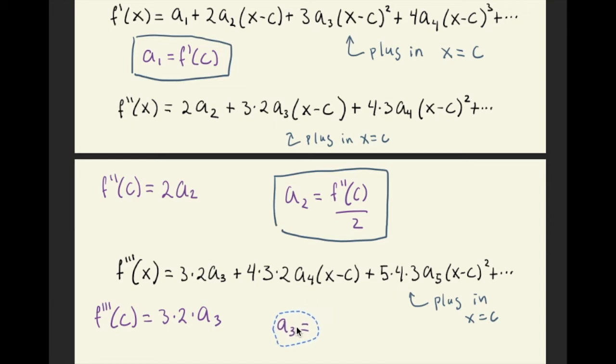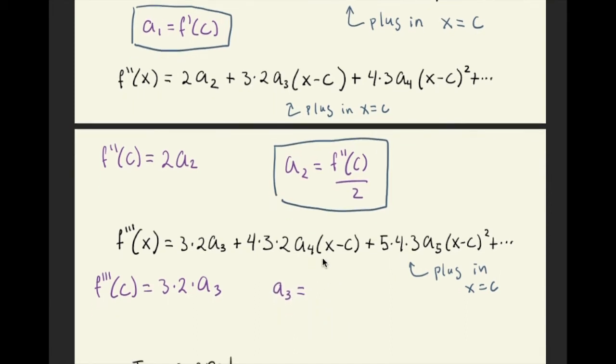So we find that a3 is equal to f prime prime prime of c divided by 3 times 2, which is the same as dividing by 3 factorial. 3 factorial is 3 times 2 times 1, so it's the same as 3 times 2.